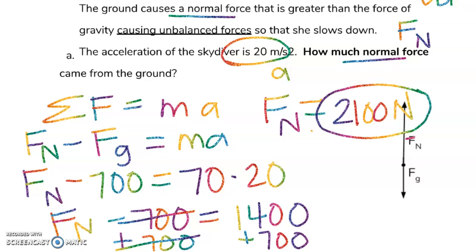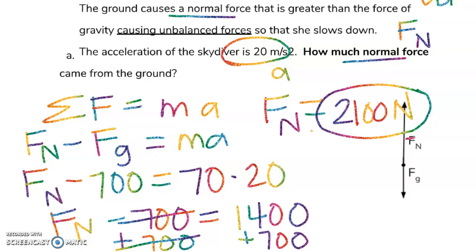That's how much force has to be pushing up on the skydiver when gravity's pulling down in order for the skydiver to have an acceleration of 20 meters per second squared. That represents acceleration, which means that she's slowing down. Because if you're moving down and you have positive acceleration, that actually means slowing down. So pointing up, the forces have to be stronger than the forces going down in order for her velocity to change. And the amount of upward force is going to be 2,100.